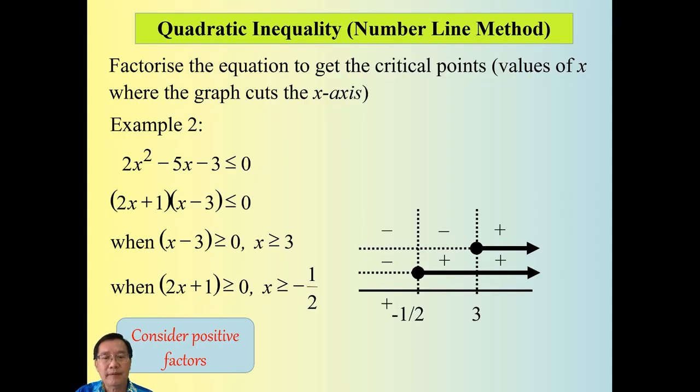To get the product, we have positive, negative, positive. You notice that the inequality sign is less than or equal to 0. Therefore, the solution is from negative half to 3, inclusive of negative half and 3.